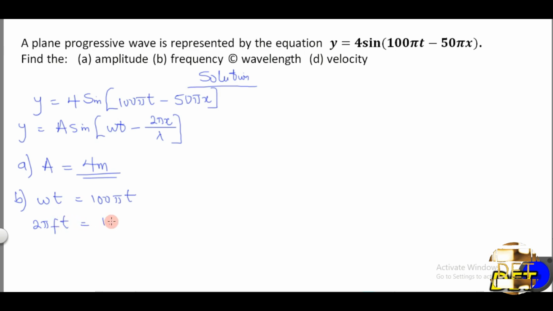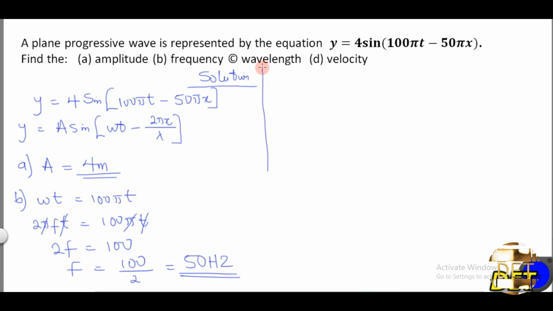So 2πft = 100πt, right? So this t will cancel out this t. Pi will cancel out pi. So my 2f will be equal to 100. Therefore, f will be equal to 100 divided by 2, and that will be equal to 50 hertz. So this is my answer to this B.